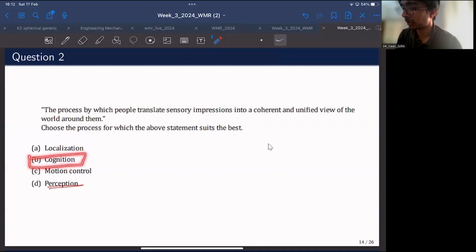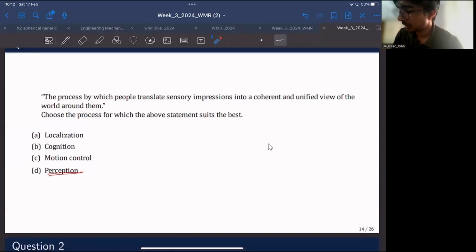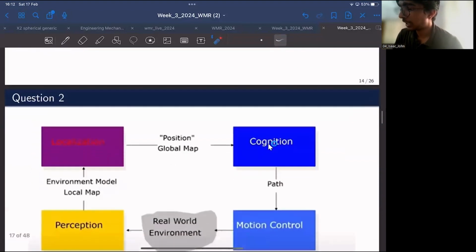This is where path planning and all those things come in. With that, I think without much confusion, we can all agree that perception is the right fit for the statement.